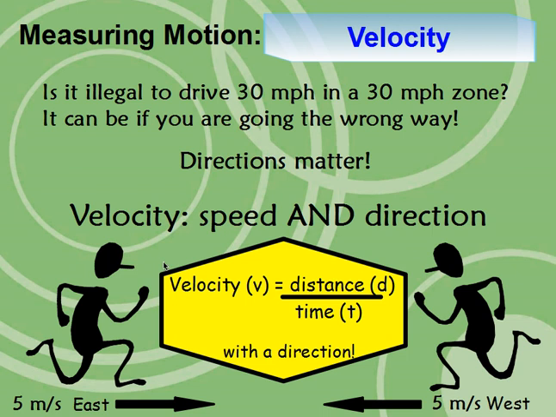Because it's pretty much the same thing, the equation is the same. The only difference here is you have to have this direction. So velocity is speed and a direction. If I'm asking you for velocity, you better have a direction with it as well, such as 5 meters per second east, 5 meters per second west, north, south. I just need a direction with your velocity.